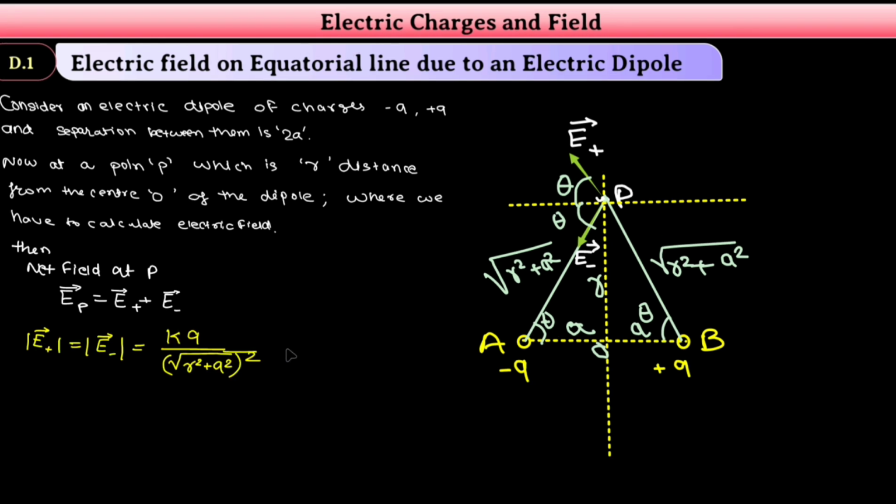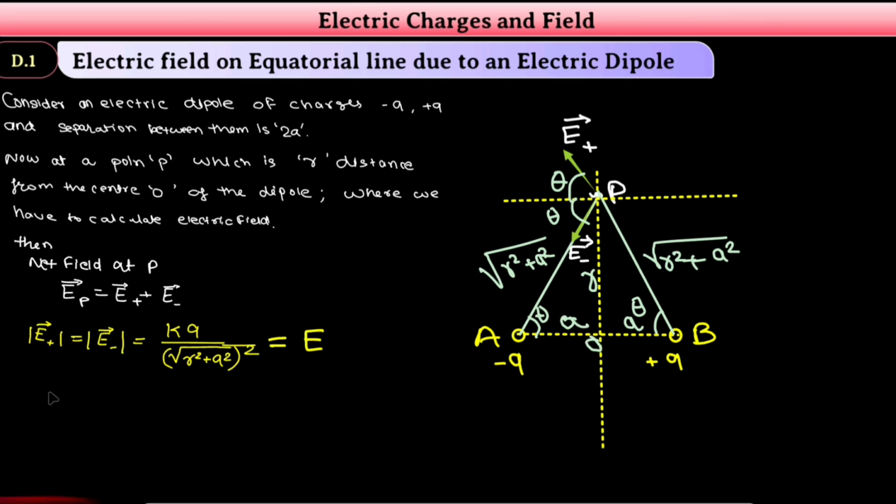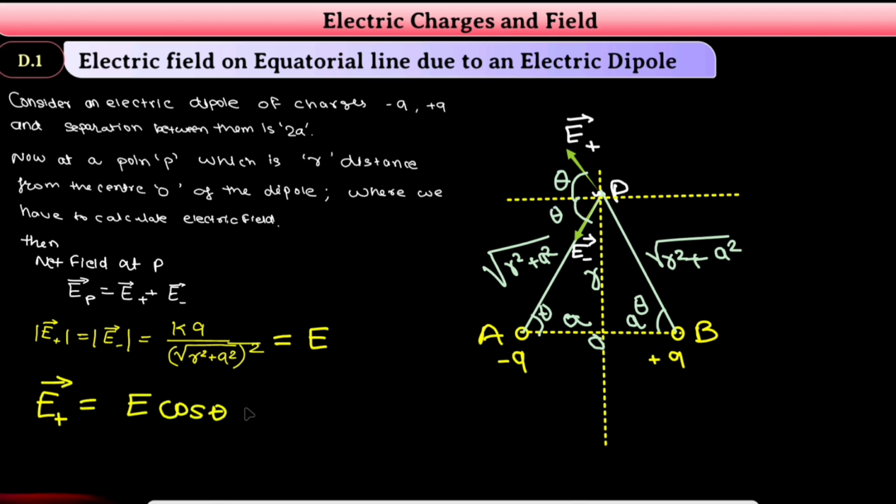Now take one symbol E for these two equal magnitudes. By resolving these two field vectors, we can write E positive vector is equal to E cos theta minus i cap and plus E sin theta j cap.